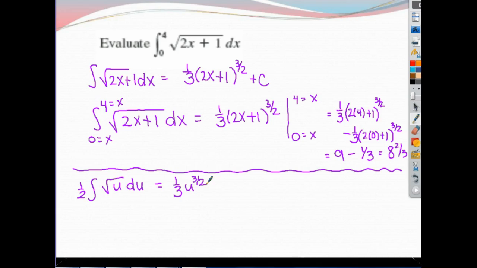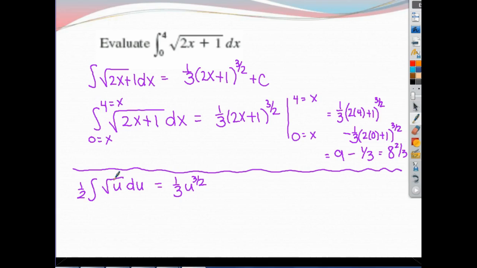So when we plugged in our u's, we had 1/2 square root of u du, right? And that turned into 1/3 u to the 3/2. How could I change these bounds to match u's instead of x's?